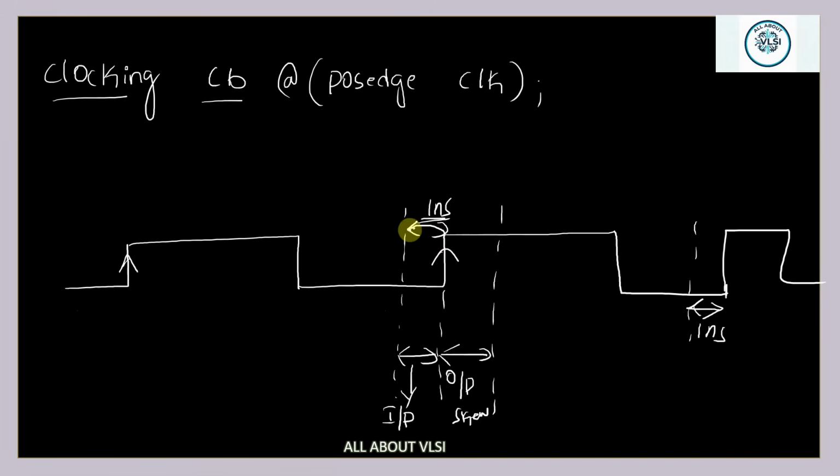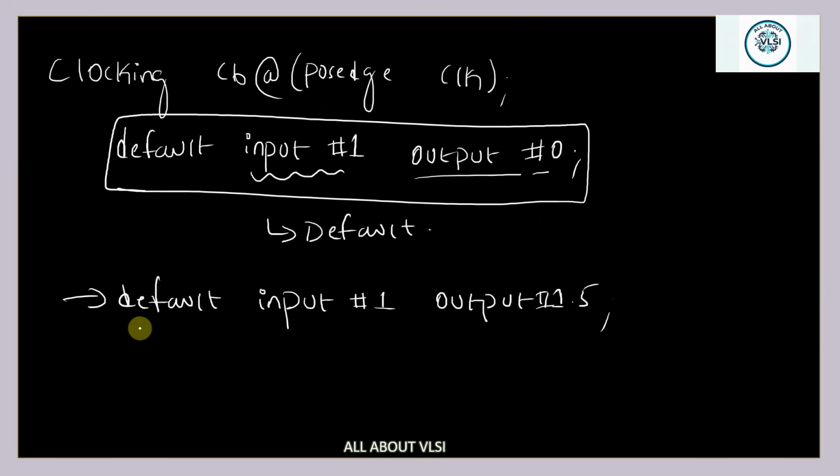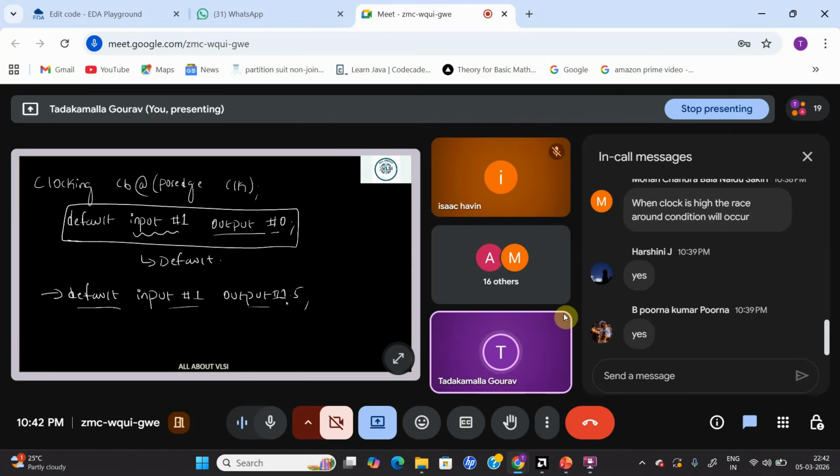You're going to sample the values 1 nanosecond before the positive edge of the clock, but drive the values 1.5 nanoseconds after the positive edge of the clock. Sampling happens 1 nanosecond before the positive edge, and driving happens 1.5 nanoseconds after. This is the meaning of input skew and output skew. Is it clear for everyone?